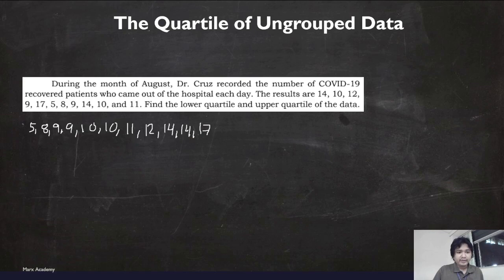In total, how many data do we have? 1, 2, 3, 4, 5, 6, 7, 8, 9, 10, 11. So n is equal to 11. What we are going to find is the lower quartile. The quartiles divide the data by 4, so we have Q1, Q2 and Q3.